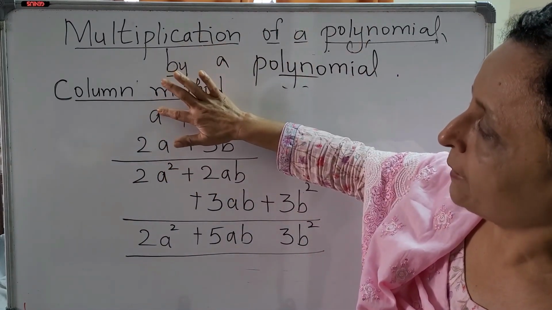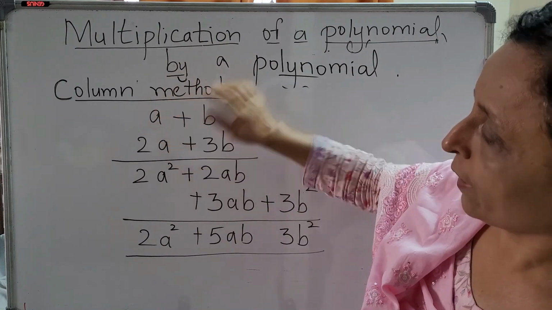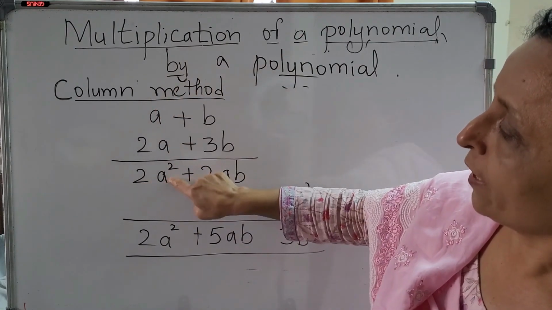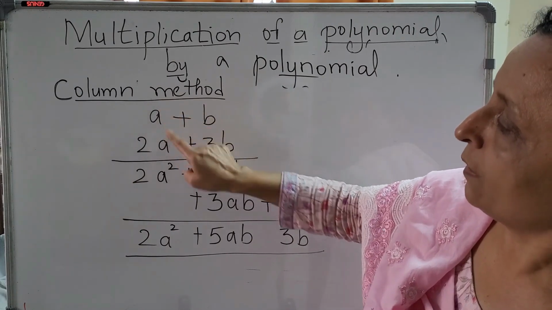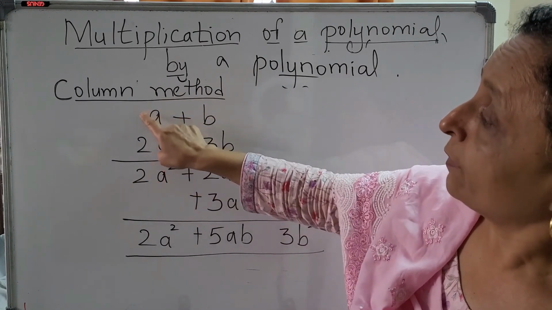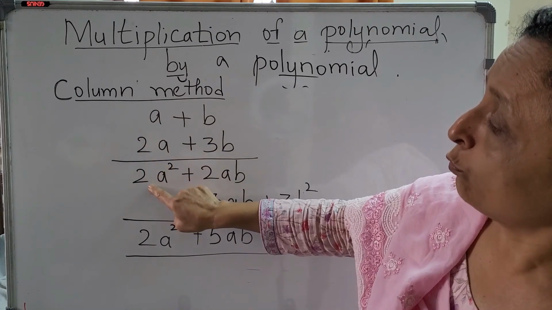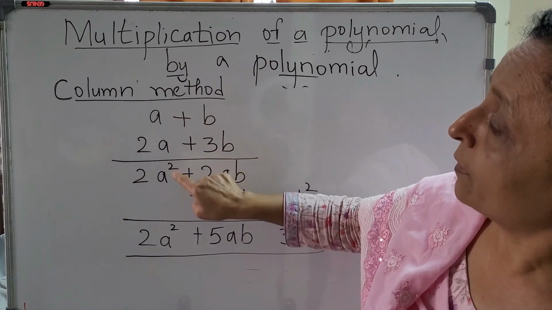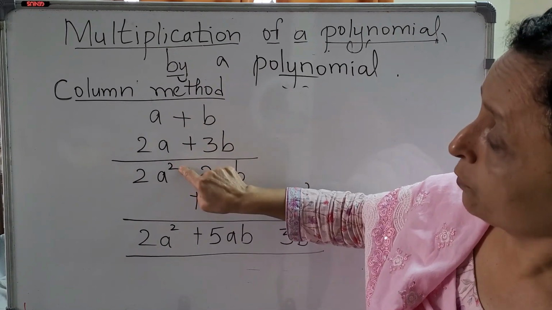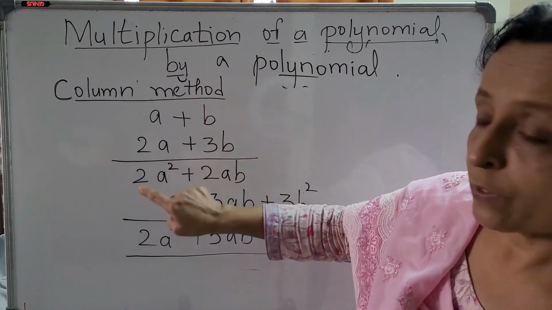Now I multiply a into 2a. What do I get? 2a square. The exponent here is 1 plus 1, it is 2, so a raised to 2.